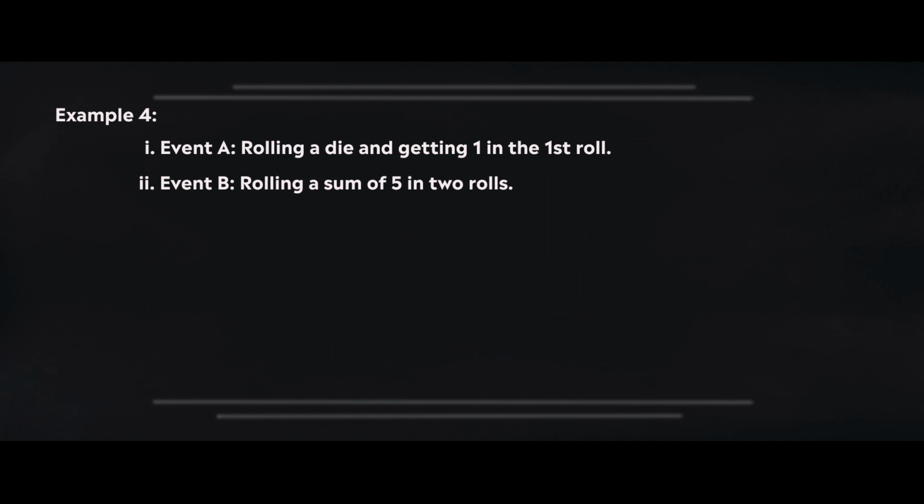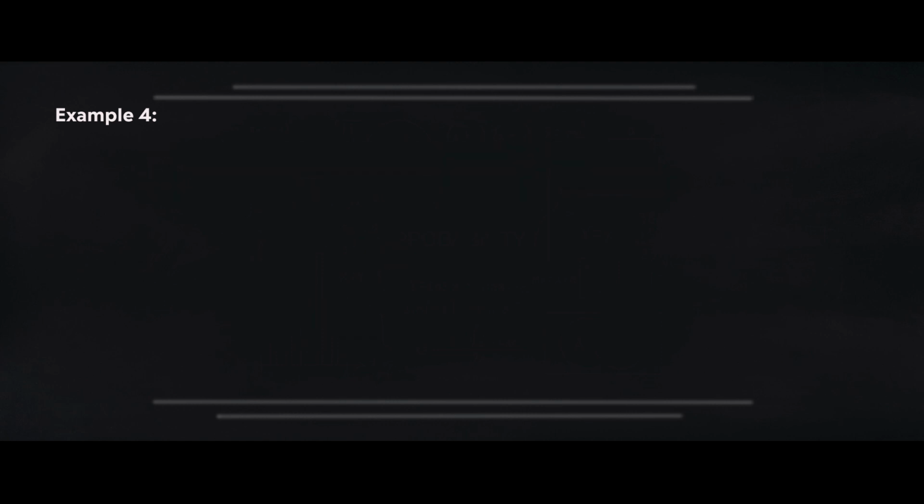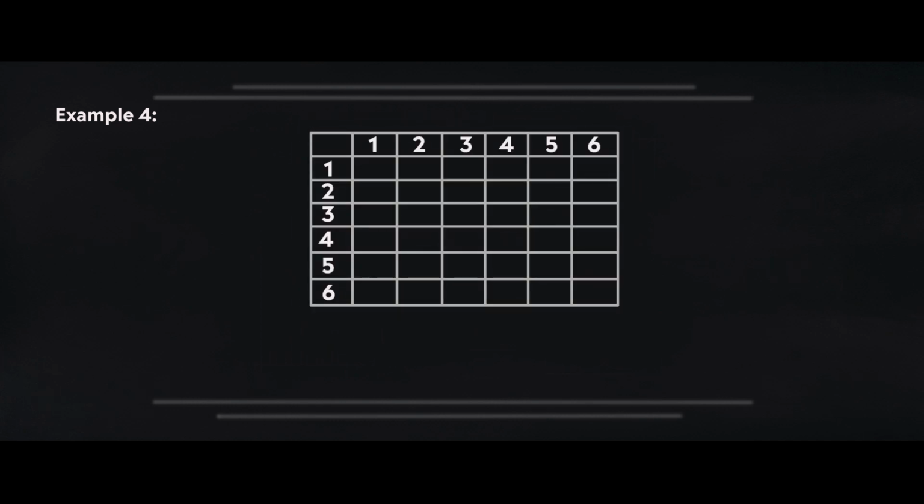The first step is again calculating the probability of events A and B as separate events. So the probability of A would be 1 by 6. And the probability of B would be rolling a sum of 5 in 2 rolls. So you need to again use the outcome chart. But this time we are looking for a sum of 5.